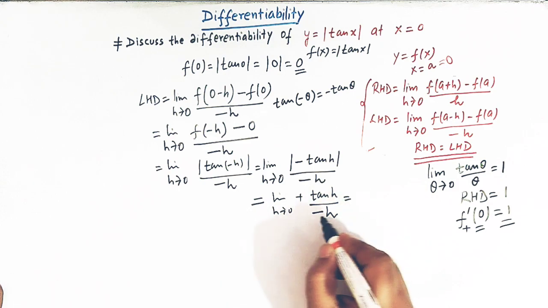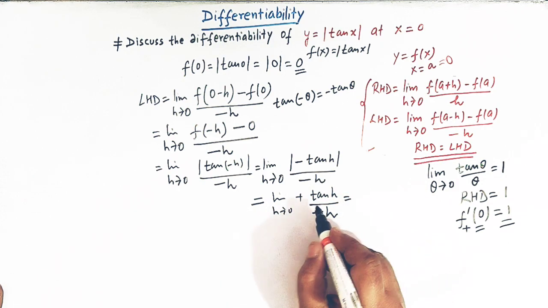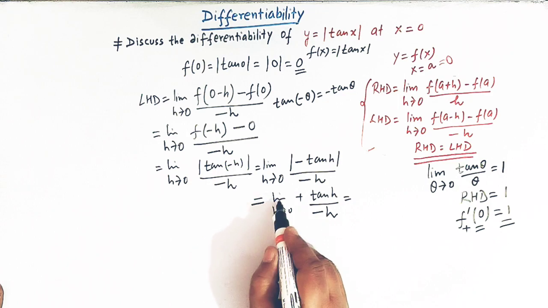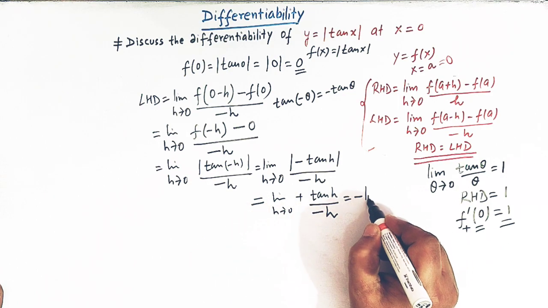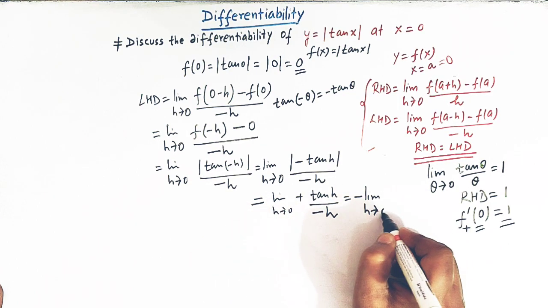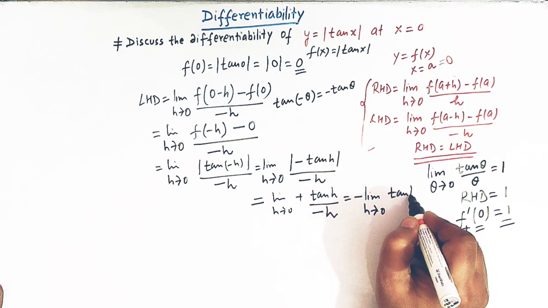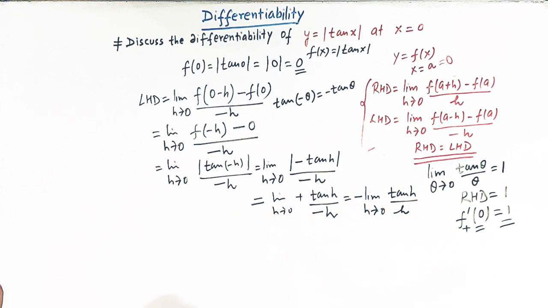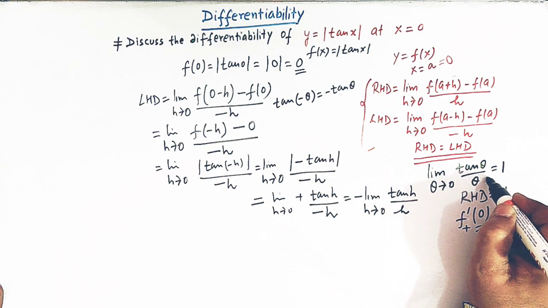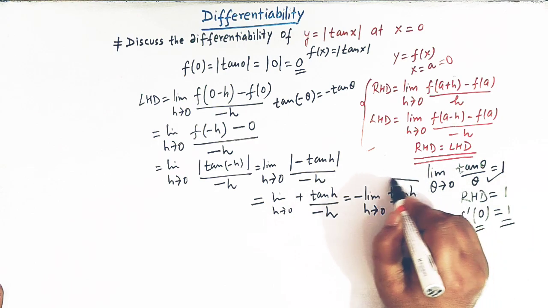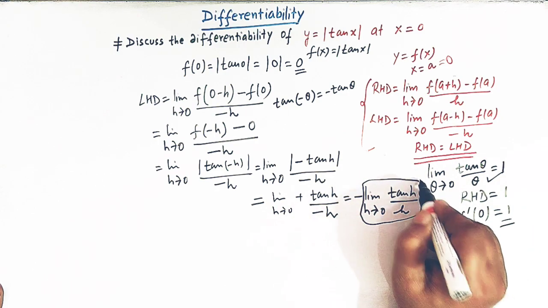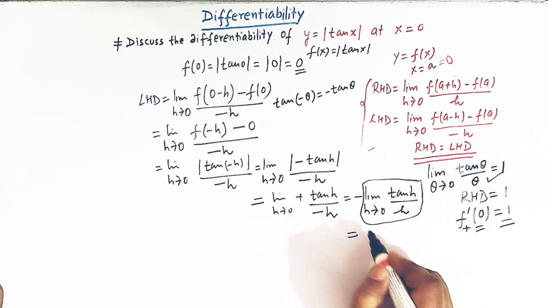We can take this negative sign in front of the limit, so we have minus the limit h tends to 0 of tan h over h. Due to the earlier result this limit is equal to 1, so we have minus 1, right?